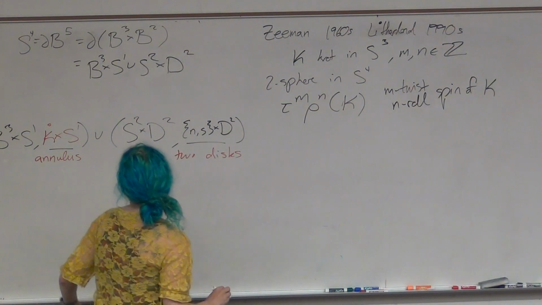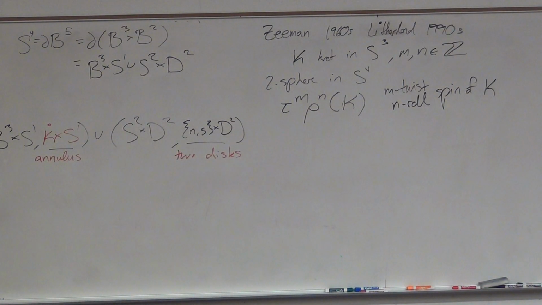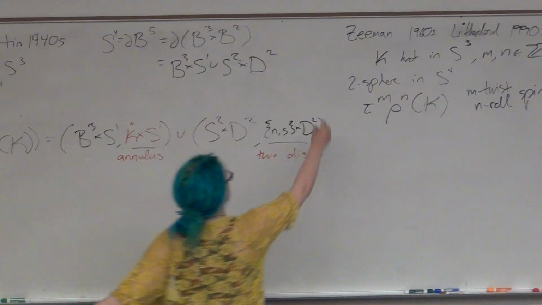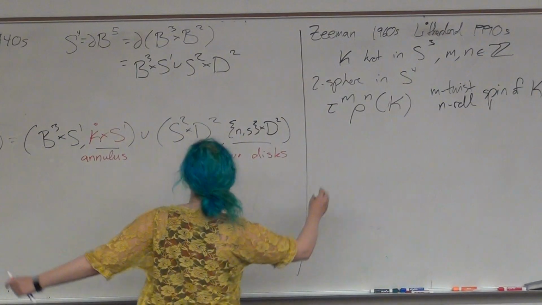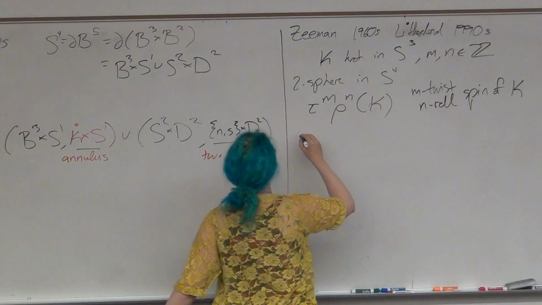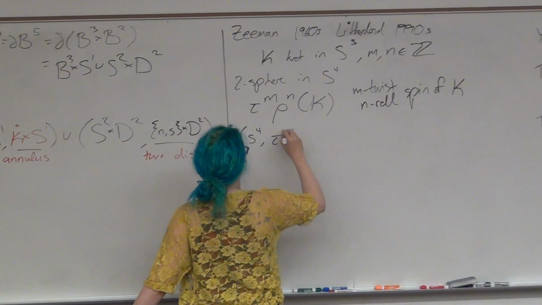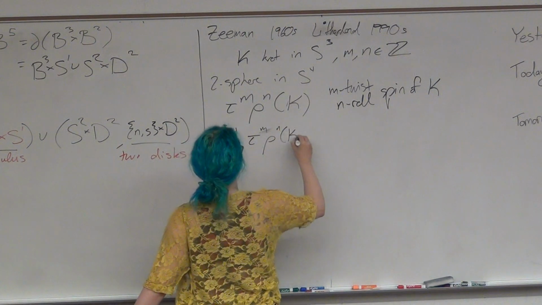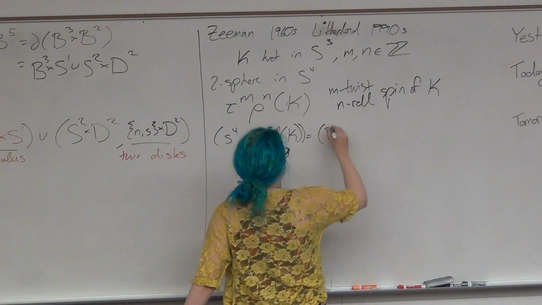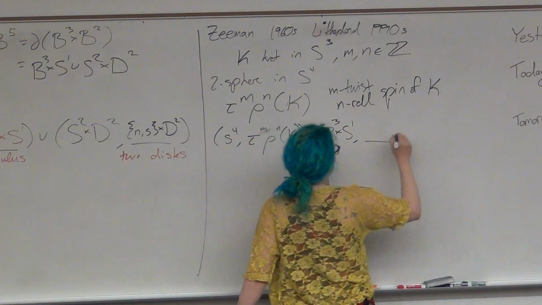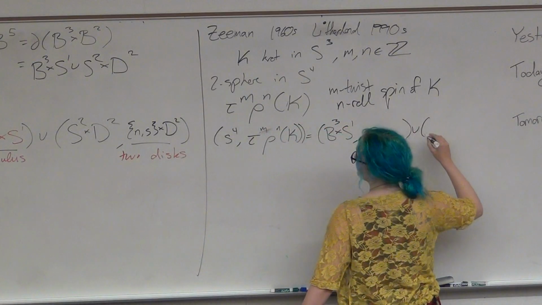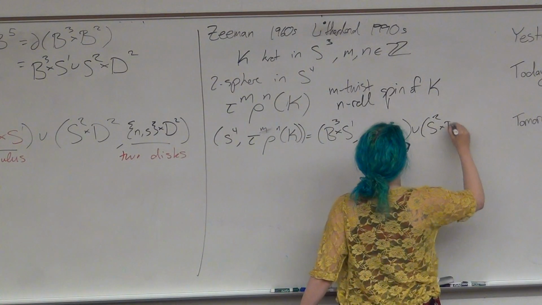So what is this? It's the exact same idea. I still want to use this decomposition. So I want to think of this two sphere as being something simple sitting inside of the B3 times S1, union something simple inside of S2 cross D2.